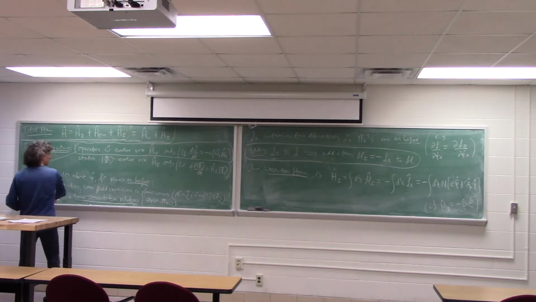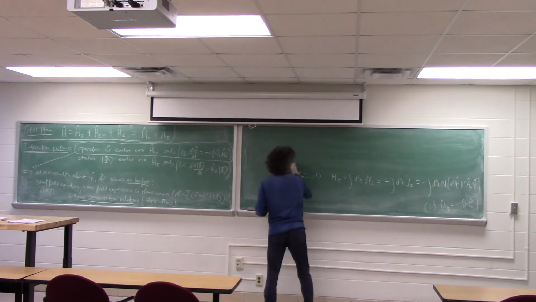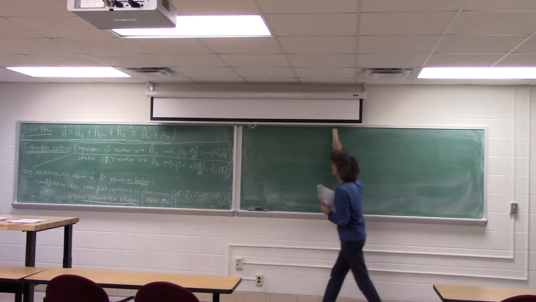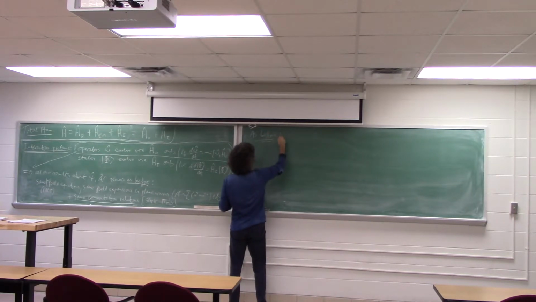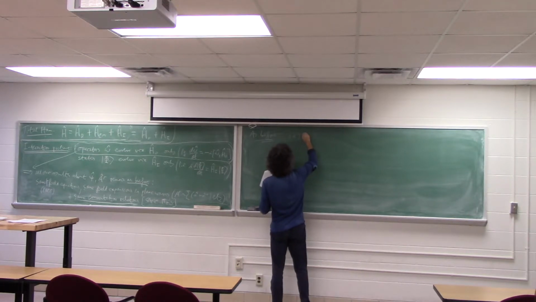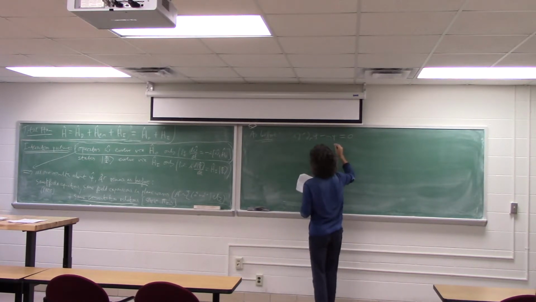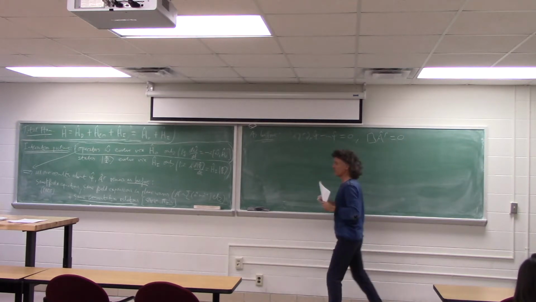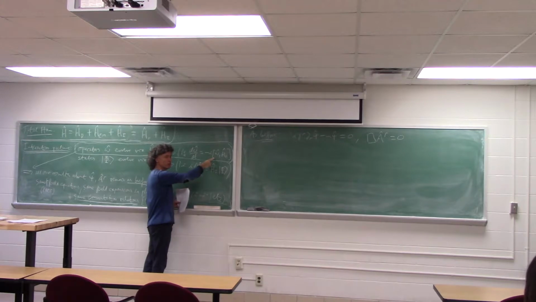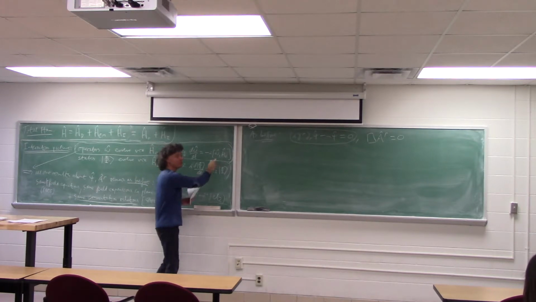Let me emphasize: if I take the Heisenberg equation of motion and apply it to the Dirac field, I'm going to get the free Dirac wave equation exactly as before, because the Hamiltonian is the same as it was before.